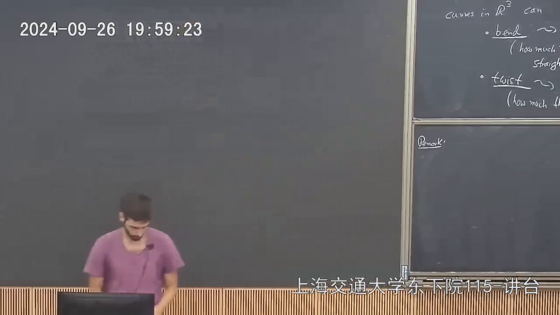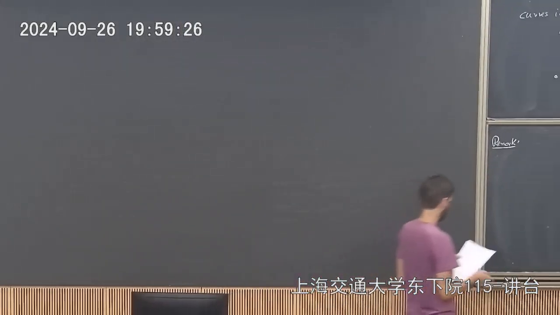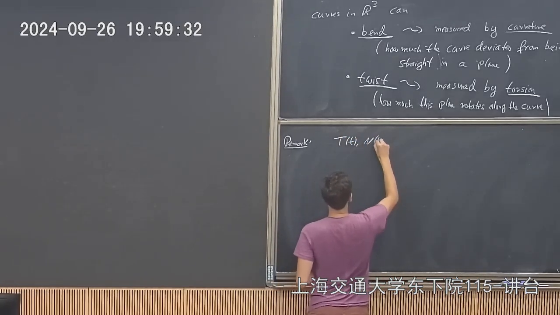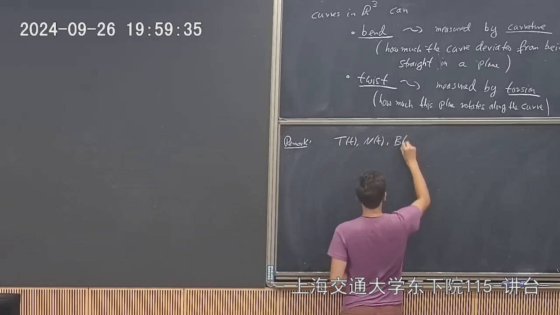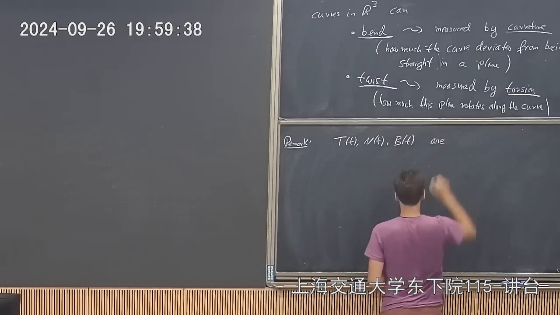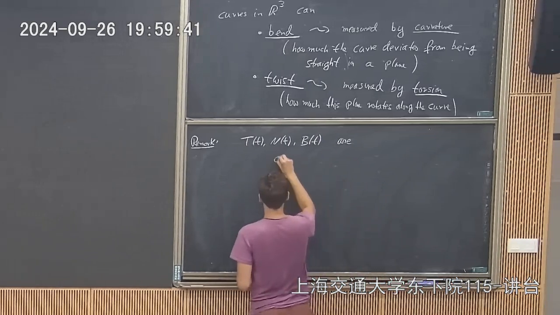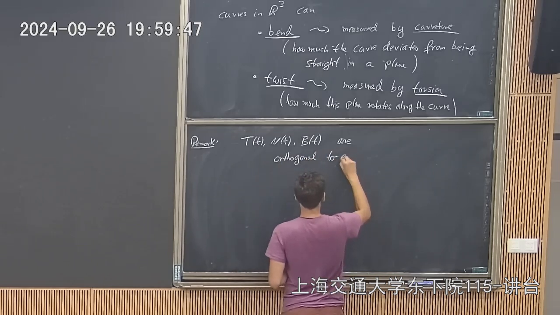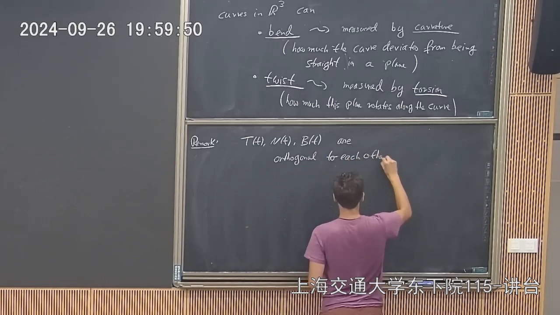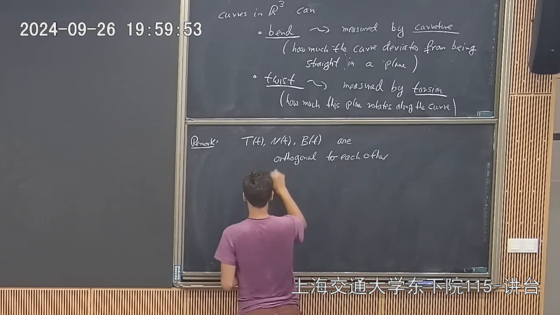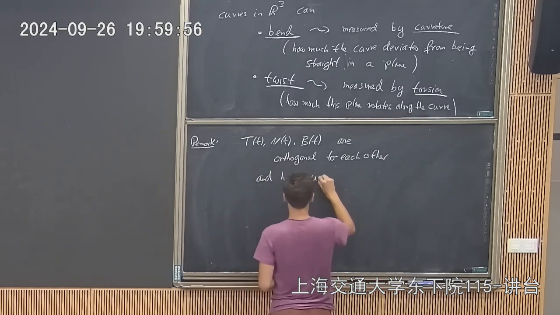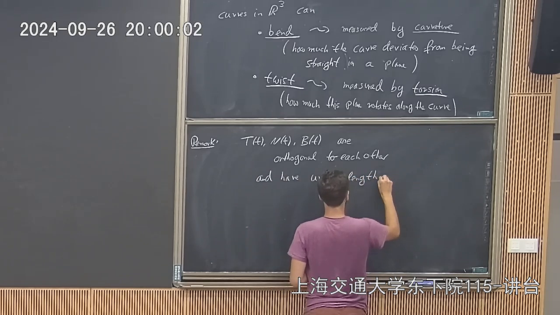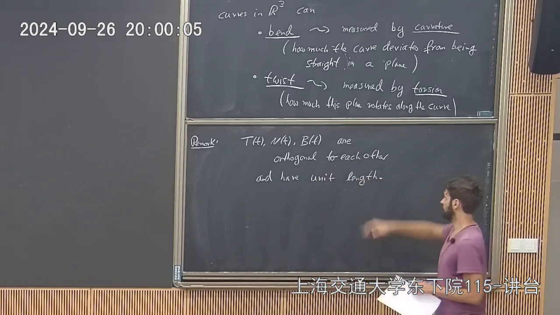So the first remark is that all these three vectors are orthogonal to each other.